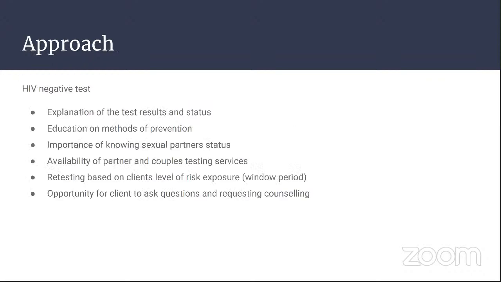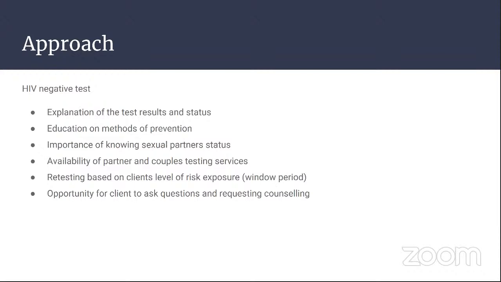So the approach now, in the HIV negative test, first we have to get the consent of the patient if they want to know their results. Once we get that, then we start explaining the test results and the status, what it means, having had a negative HIV test.